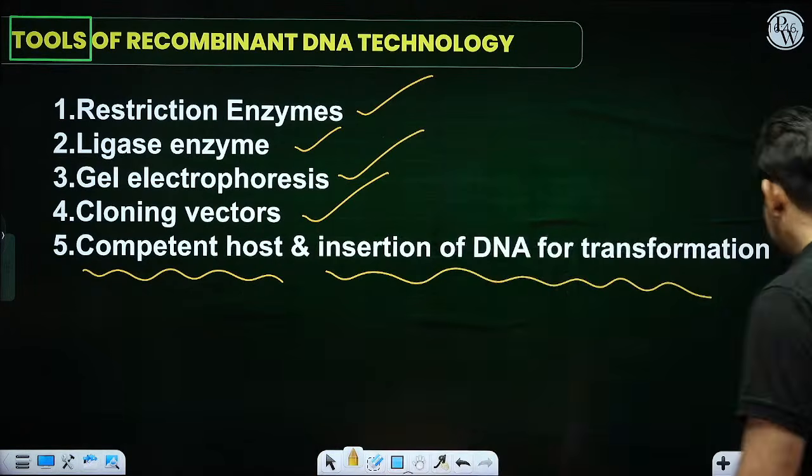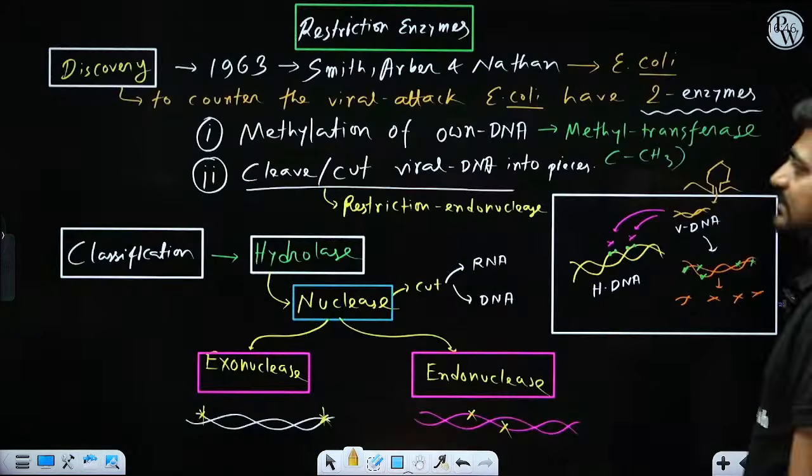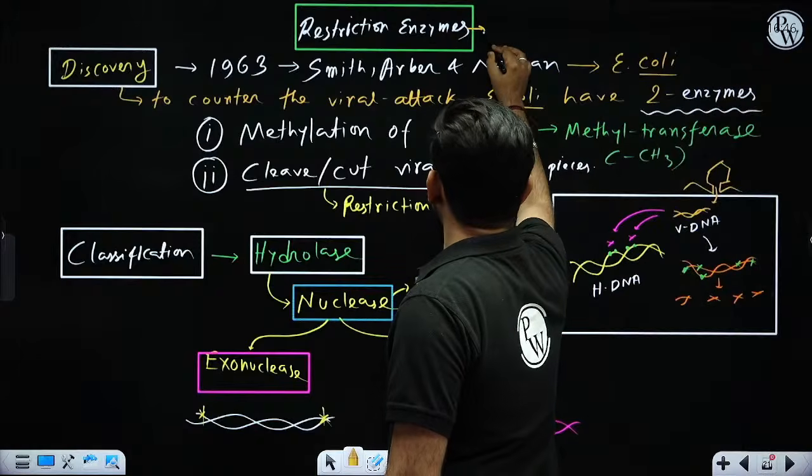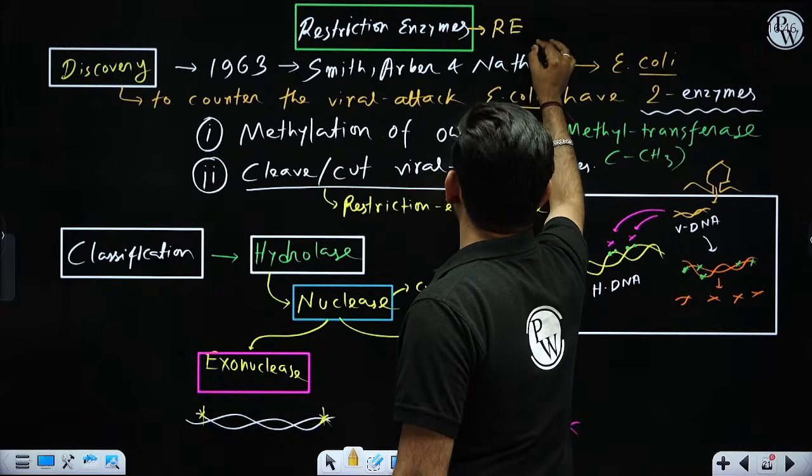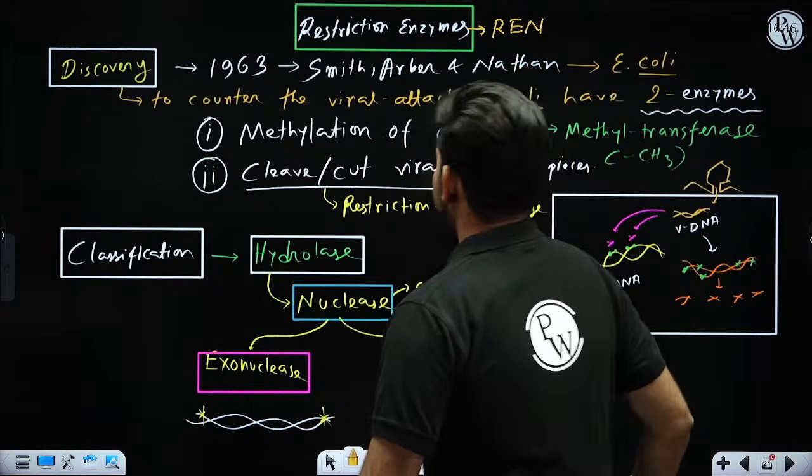Right. Let's start with restriction enzymes. In short form, we call them REN, R-E-N, restriction endonuclease.